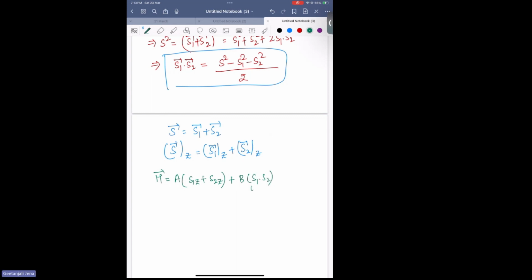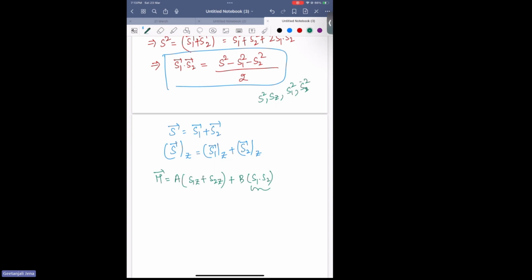So what I have done is I have represented S1 dot S2 in terms of operators whose eigenvalues are known to us. For spin, we know the eigenvalue of S square, we know the eigenvalue of Sz, and also we know the eigenvalues of S1 square and S2 square. But what we don't know is the eigenvalue of S1 dot S2.